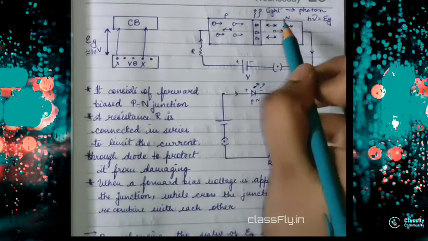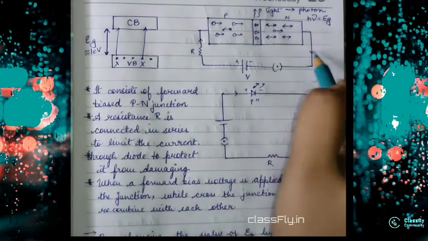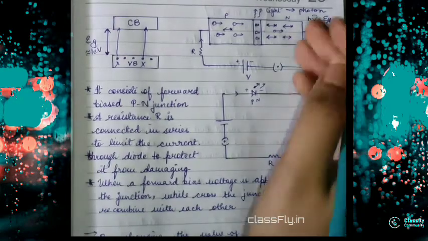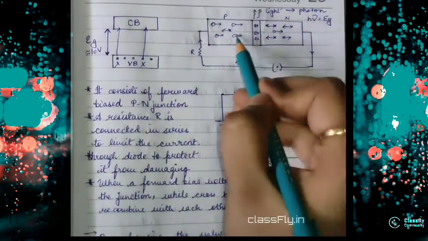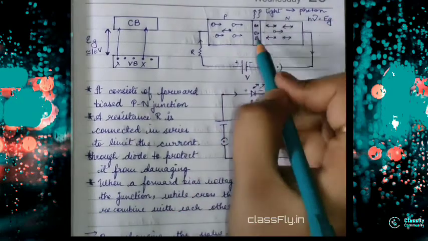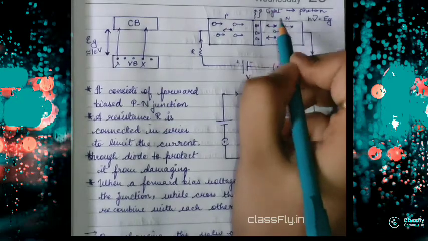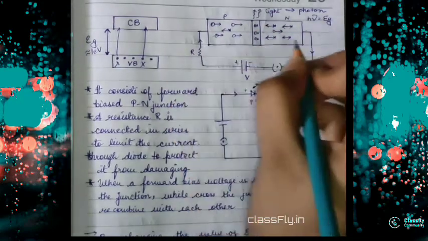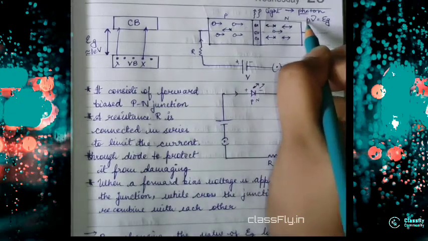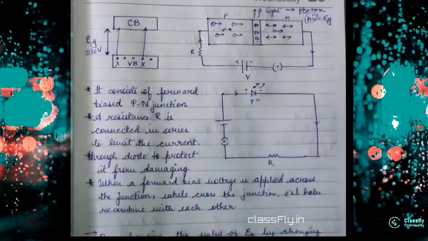The N type has majority electrons and minority holes and is connected to the negative side, so negative charges repel each other and move towards the depletion layer. This creates electron hole pair generation, and it starts giving light energy whenever current flows. This light energy is known as a photon, h nu, which is equal to the energy gap.